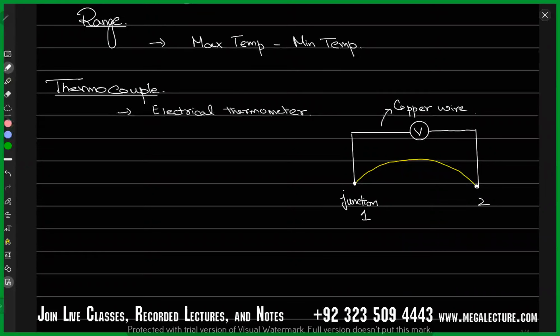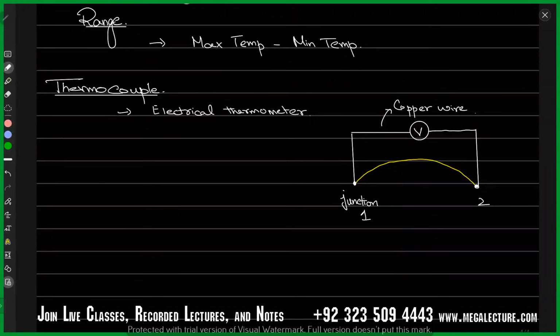So what happens is when these two junctions are at different temperatures, then you will get a reading in this voltmeter, right? Which means that whenever there is a change in temperatures, you will get a reading in this voltmeter.